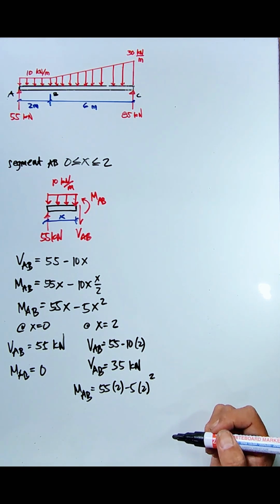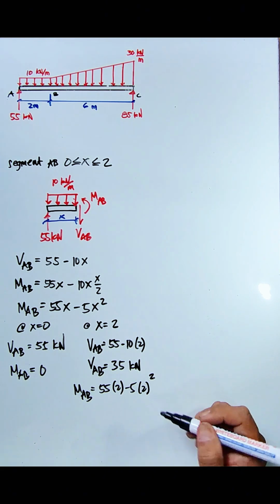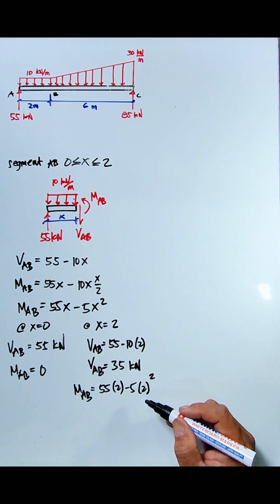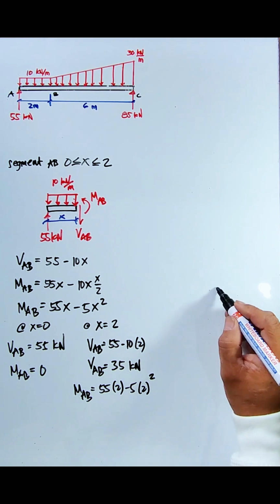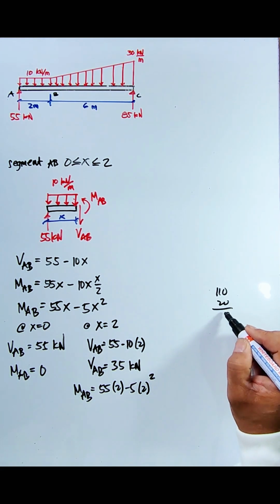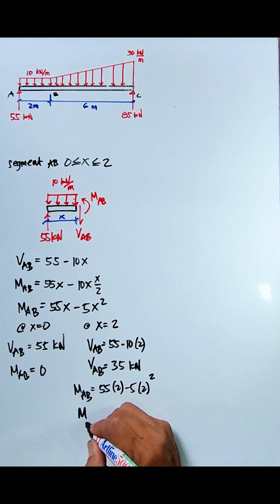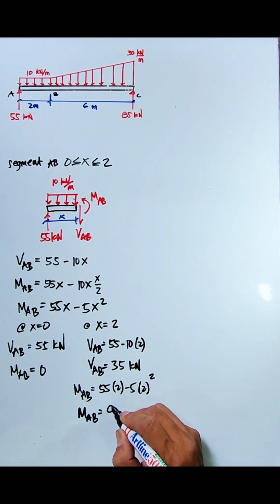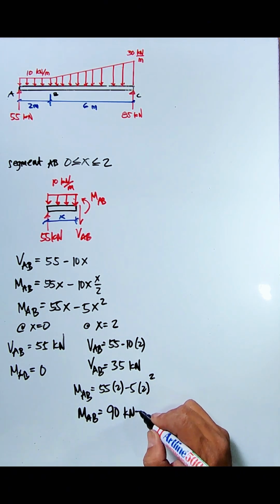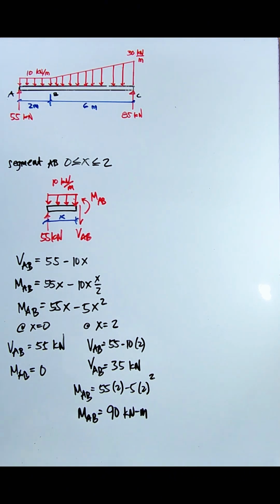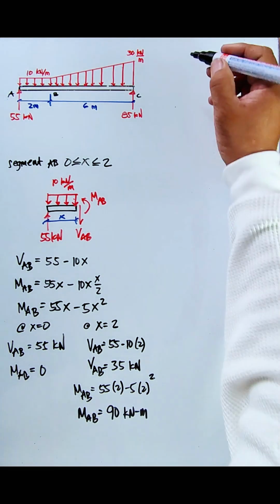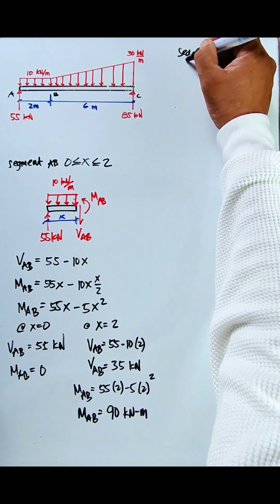So 55 times 2 is 110 minus 20. Moment AB is 90 kilonewton meter. Okay, so let's write it here.